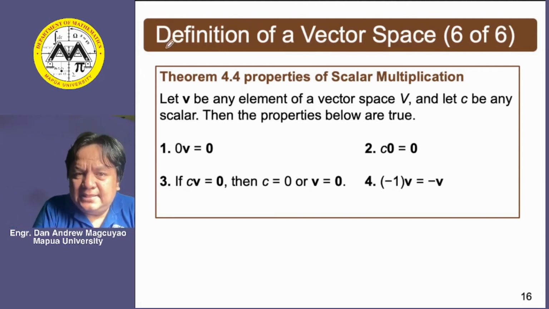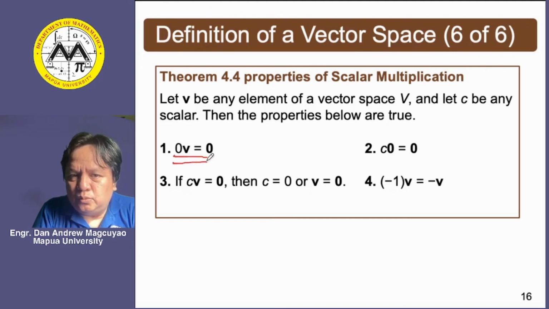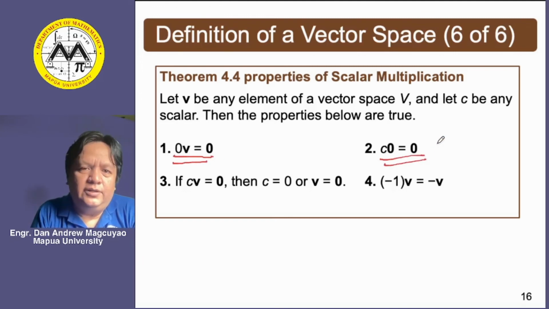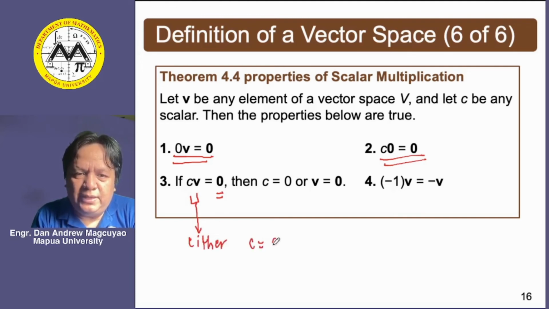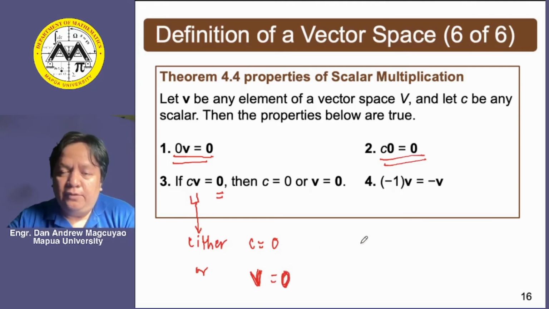Since this is equal to a 0 vector, if you have a product which is a 0 vector, it means that either c is equal to 0, or the vector v is equal to the 0 vector. If we multiply -1 to the vector, we get the additive inverse of the vector.